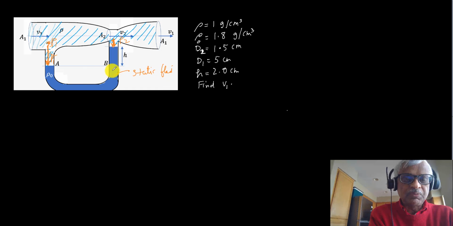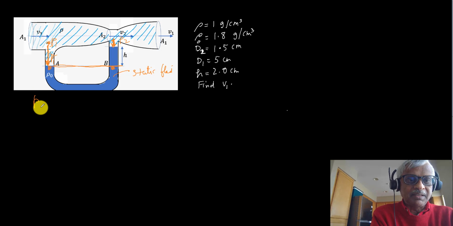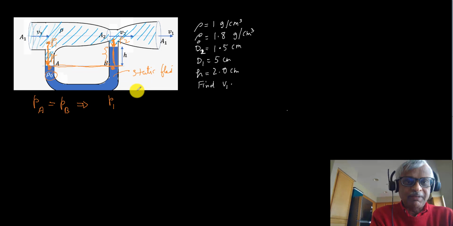fluid. So over here you know that pressure at A and B must be the same, right? In this fluid it must be the same. So pressure at A must equal pressure at B. That just says that pressure P1 over here must equal pressure P2 plus rho 0 gh, this height, right.